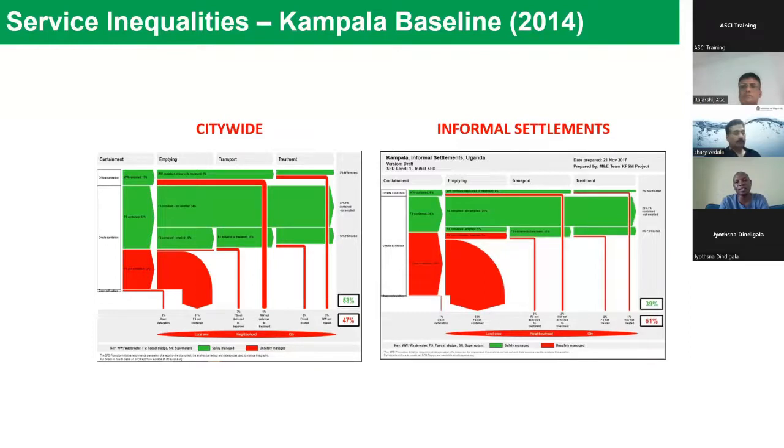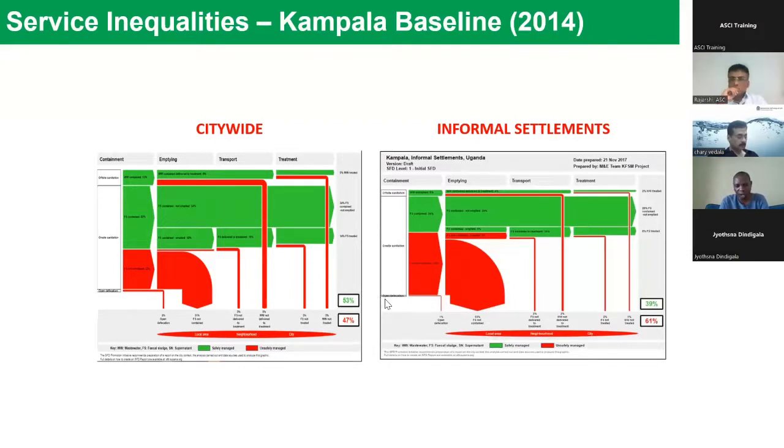The striking issue here, I know you've looked at waste flow diagrams and SFDs, is we had the citywide picture, and you could see that the coverage was 57% safely managed. But when we segregated data for the informal settlements on the right, you could see the inequality.